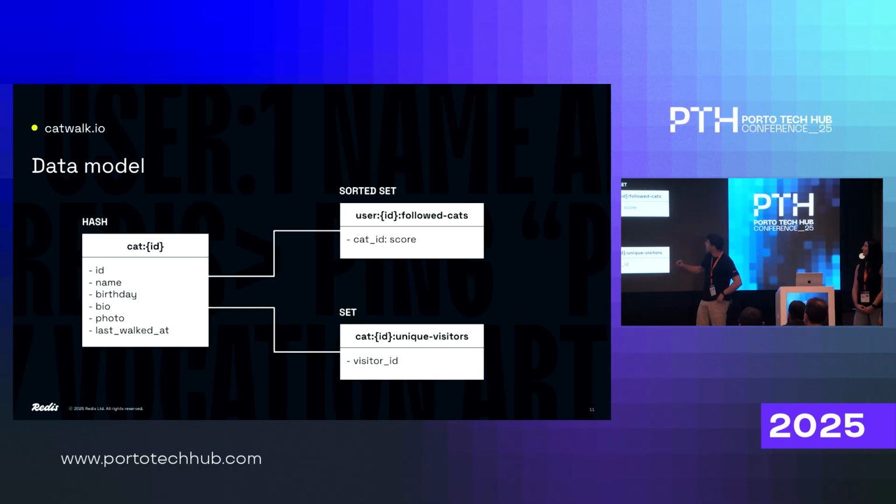And for the unique visitors, we keep a set, the data type that has the uniqueness property. So we don't have any duplicates inside a set, and we keep the unique visitors inside a set for each cat. That's more or less it.